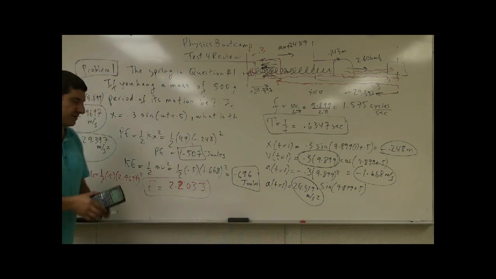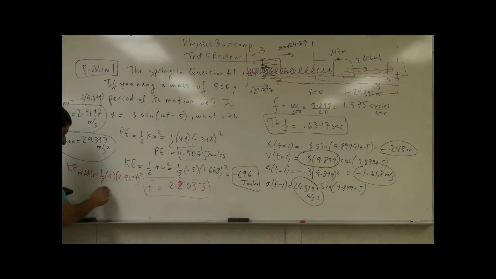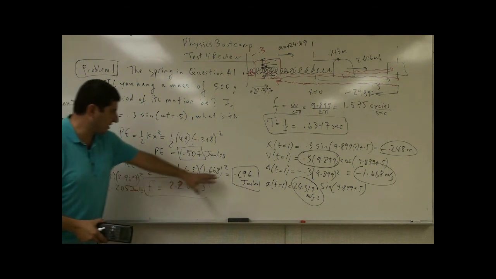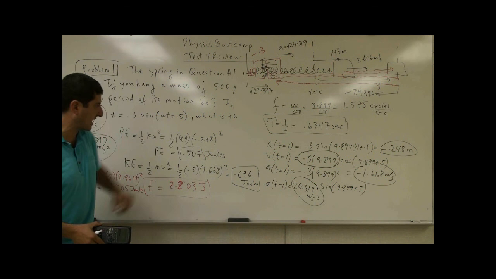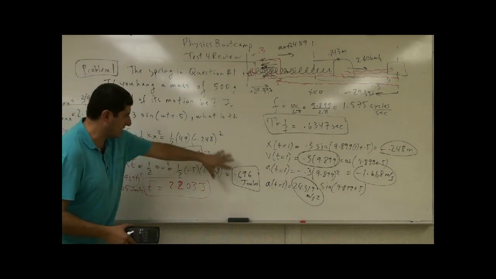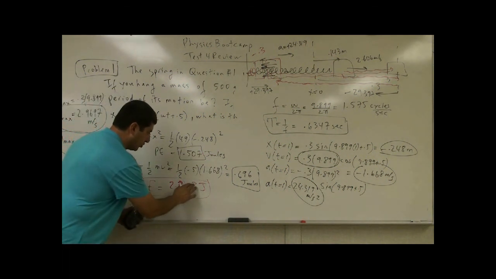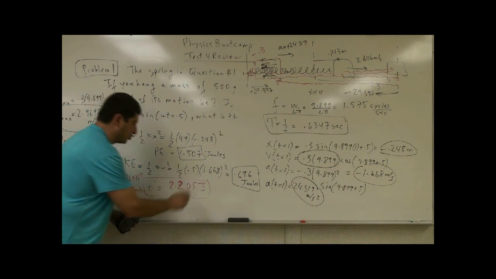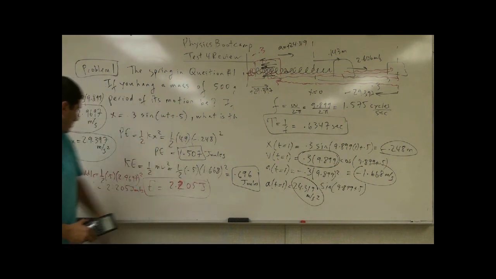So let's see what that comes out to. It comes out to be 2.205 joules. Okay? That's probably rounding error. If we are a little bit more exact with the numbers, we could probably see we did a little bit of rounding here. So most likely the answer here is 2.205. So a little bit of rounding here and here.